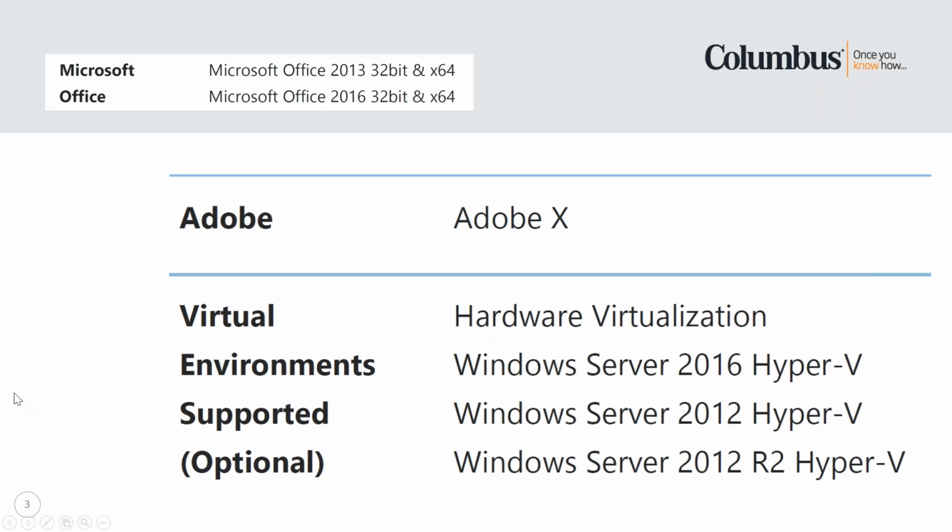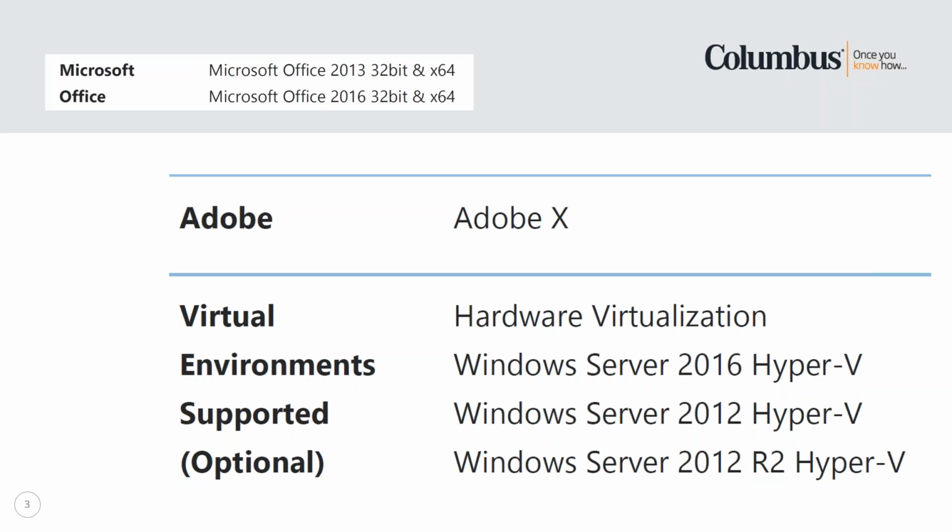You can put this on a virtual server environment. Of course, Microsoft supports their own virtualized products, so the Hyper-V virtualization systems are the ones that are supported. Again, like the PDF situation, that doesn't mean that it won't work on any other virtualization system, but the one that's supported is Microsoft's own.